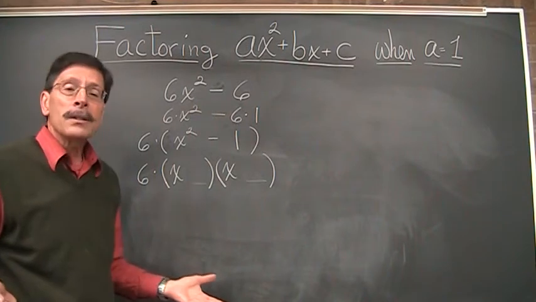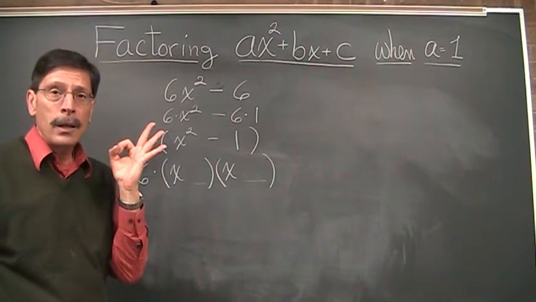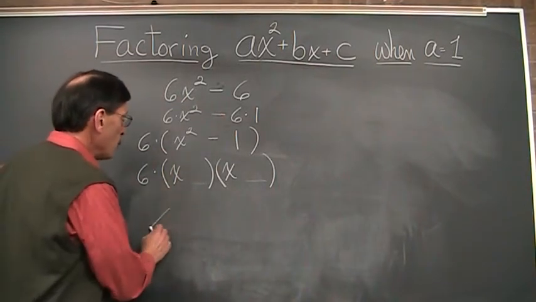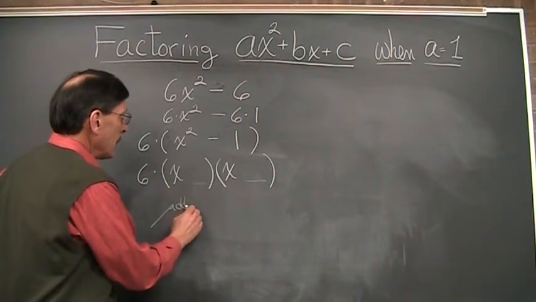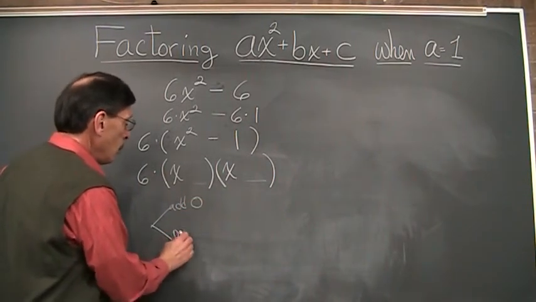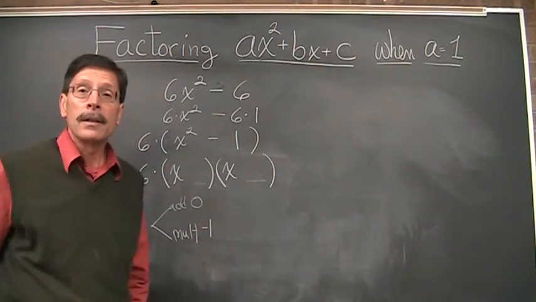The reason there's no x term is because its coefficient is 0. So if you think of 0x in the middle here, then I'm looking for two numbers that add to 0 and that multiply to -1.